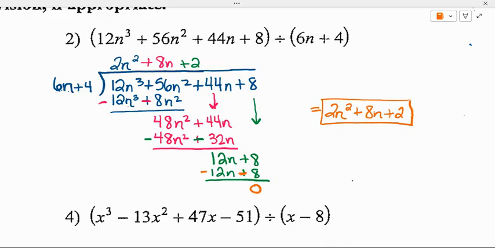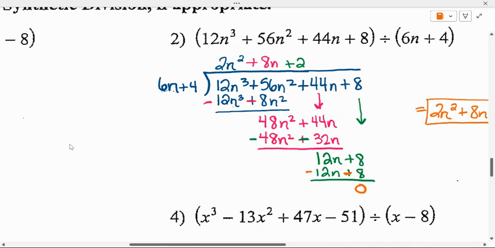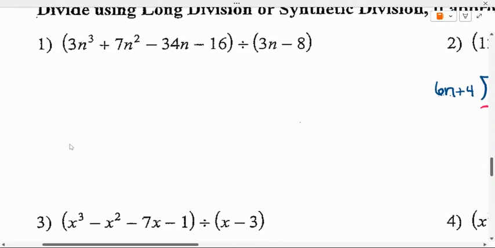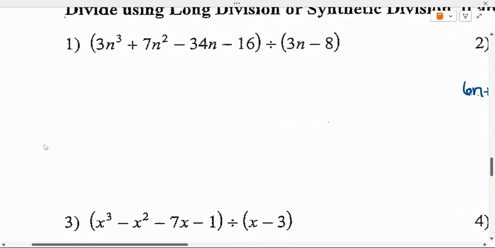How do we feel about that? Okay, I'm going to do number 1 with you, and then I'll get you guys started on your stuff. Or do you need me to do number 1 with you? Yes or no? Yeah? Okay. All right, Jaden, I'm coming to you first. So I'm going to draw my little division box.